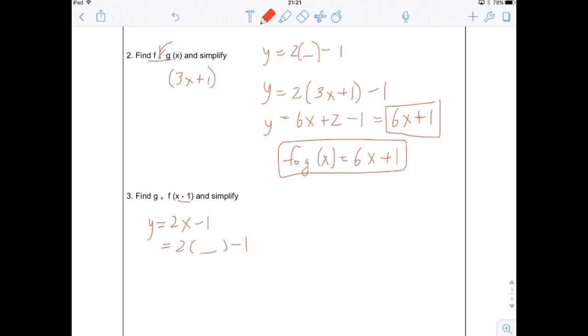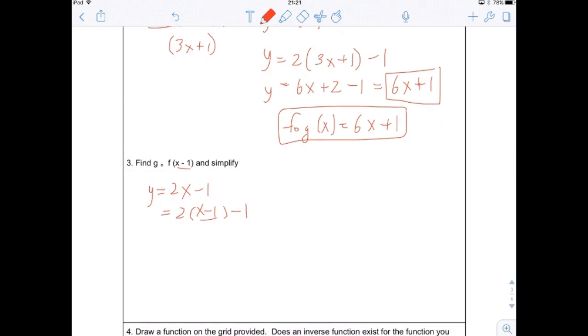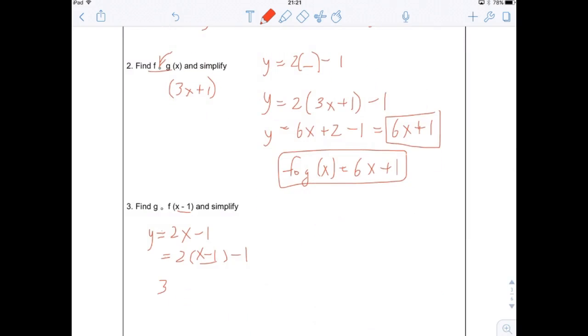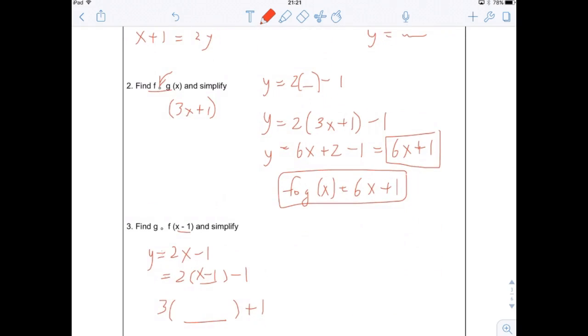We're going to put in x minus 1, because that's what we're supposed to put into the function 2x minus 1. That is the f function. Now we're going to take the output of the f function, which is this, and we're going to put it into the g function, because g follows f. So the g function is 3x plus 1. So we're going to write it like this: 3 parentheses, plus 1. We replace the x with a blank.